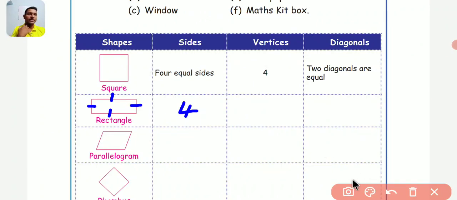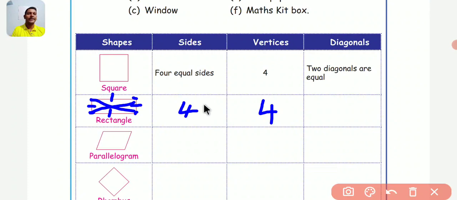If you want, you write opposite sides are equal. And how many vertices? The sides are meeting at one point, the corner point, this point is called a vertex. How many vertices? 1, 2, 3, 4. 4 vertices. And diagonals, how many diagonals? Joining the opposite sides, you will get one straight line.